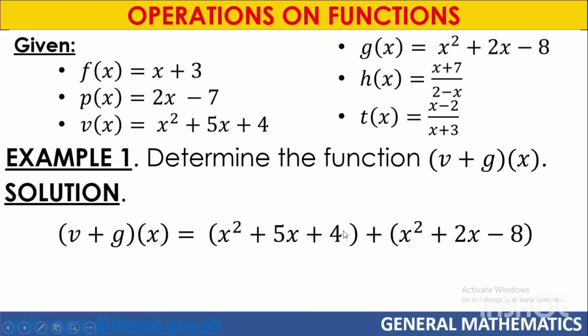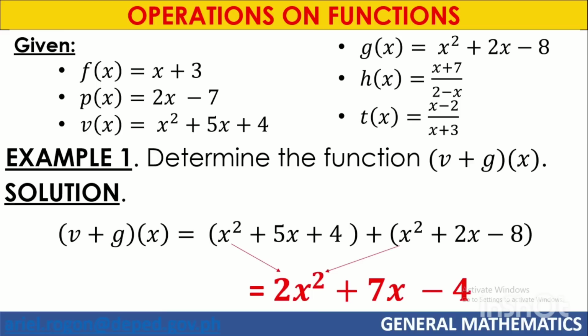So, x squared plus x squared is 2x squared. Ano ang kasunod? 5x plus 2x, that is 7x. And last, 4 minus 8 is negative 4. So therefore, the final answer is 2x squared plus 7x minus 4. Okay, malinaw tayo sa example number 1.